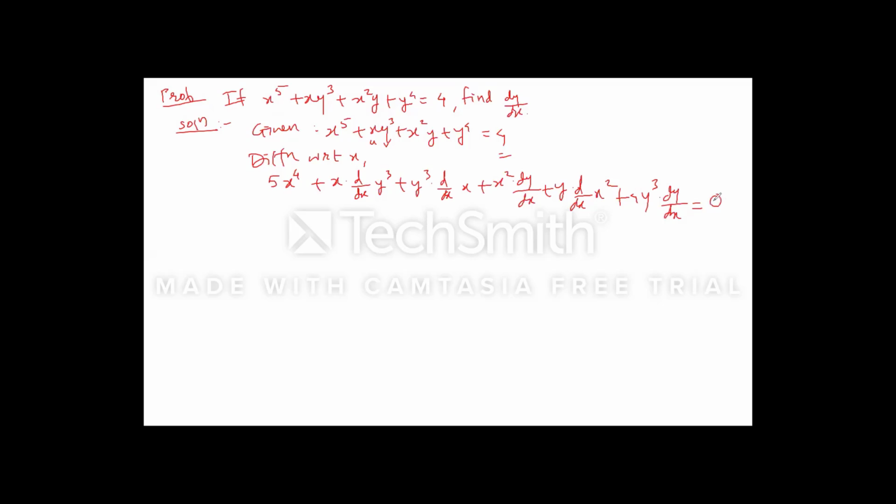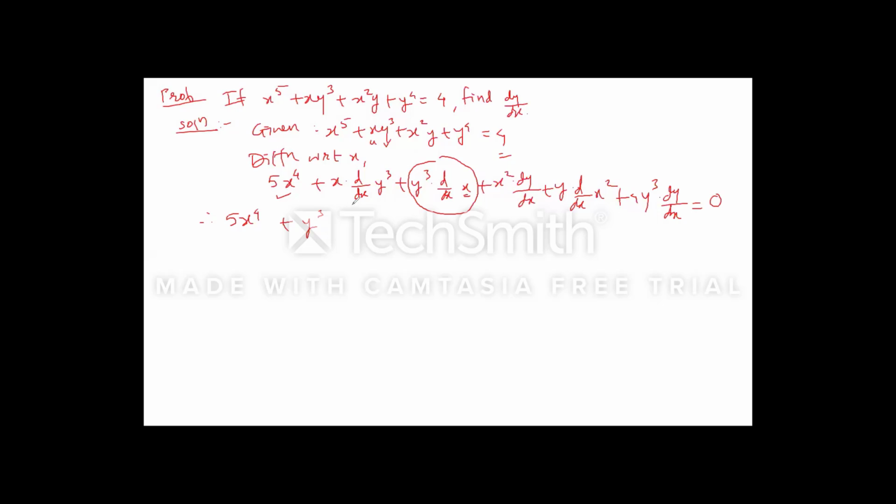The derivative of the constant is 0. Now let's collect the terms without dy by dx. So 5x raised to 4 plus y cube into derivative of x, that is 1, so I write y cube.